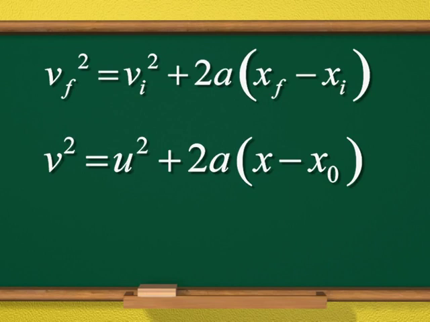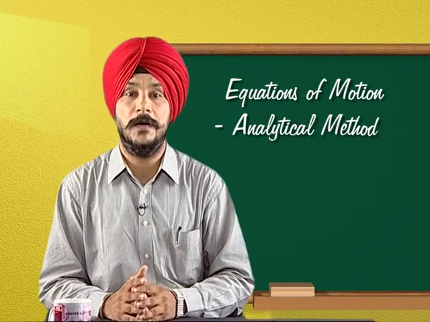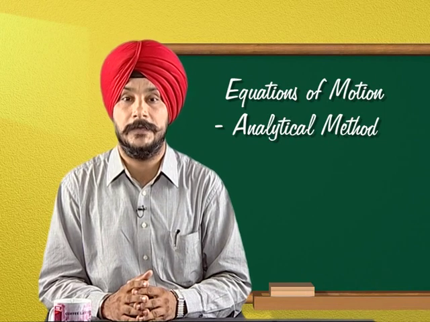If s is the displacement of the particle, then the relation becomes V square equal to U square plus twice a times s. So now we come to the end of today's topic.